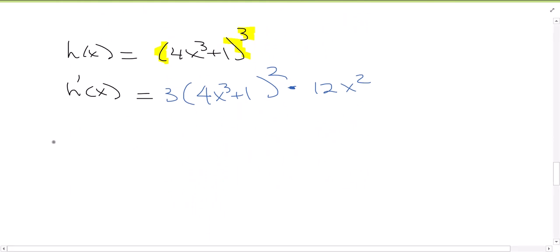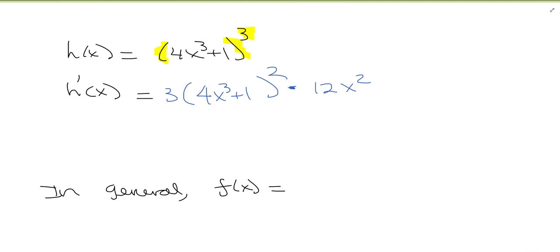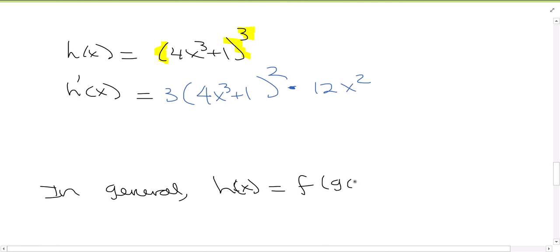So in general, without having to write out the compositions, we can say, let's say h of x. If I have h of x equal to f of g of x, right, the composition of two functions, then h prime of x is the derivative of the outside function.